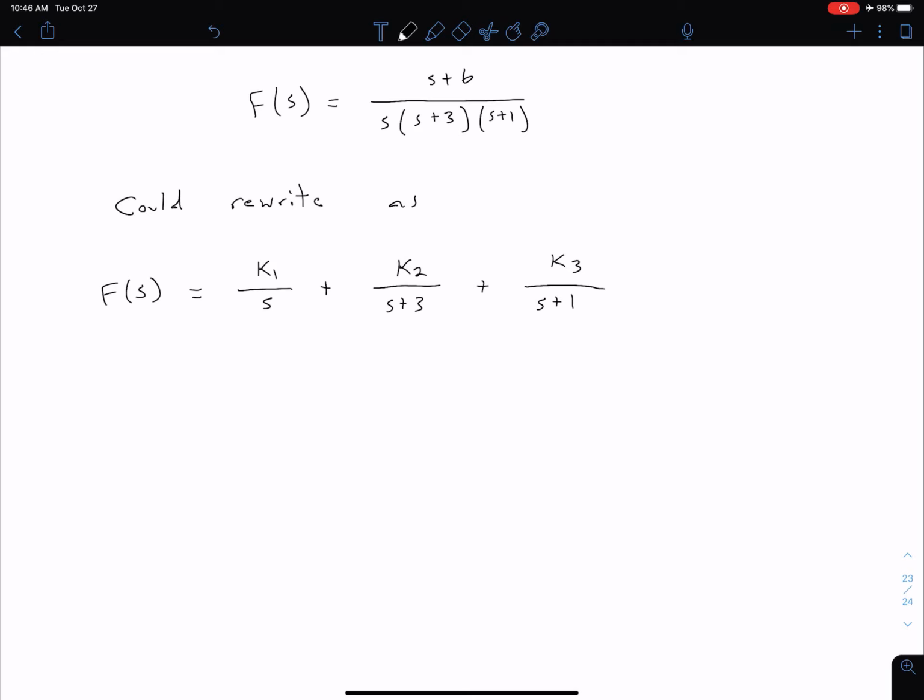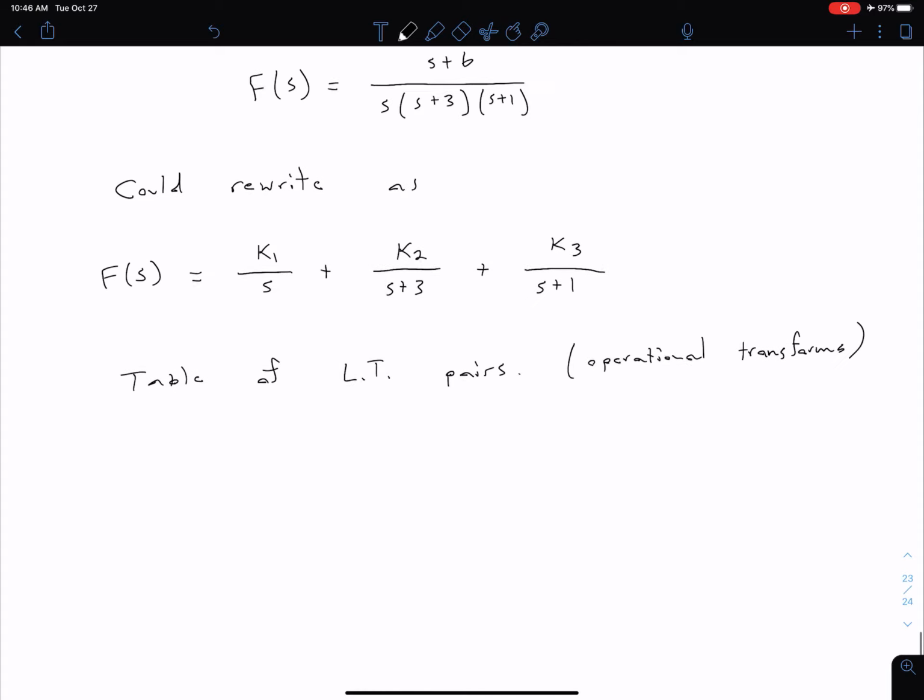What we could do is easily look at a table of Laplace transform pairs and inverse transform this. Again, we want to keep in mind not just pairs but also our operational transforms as well as functional transforms.